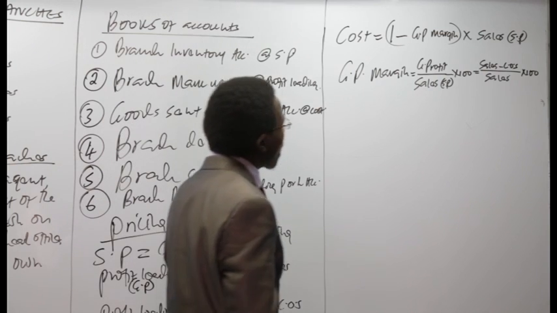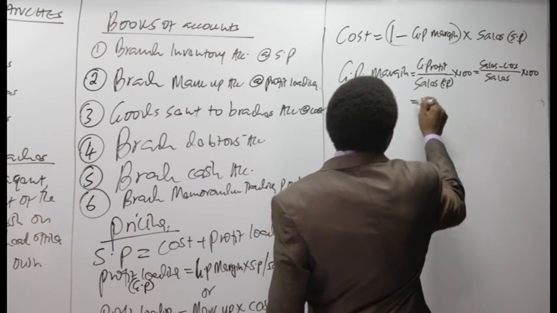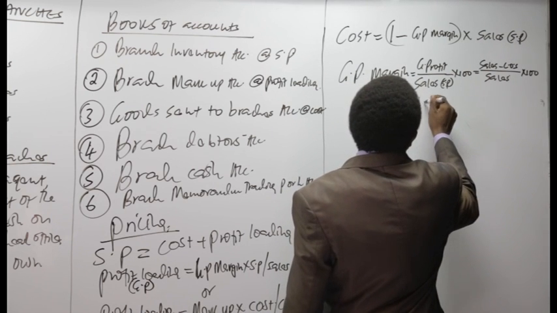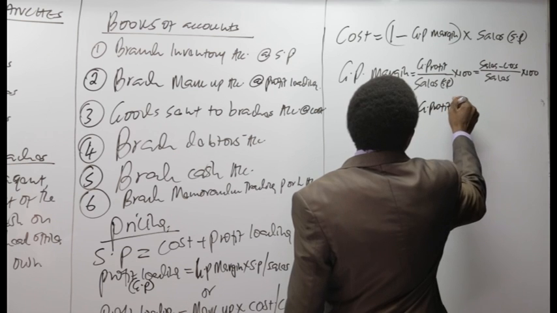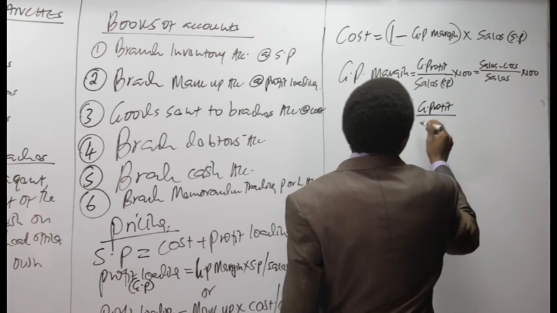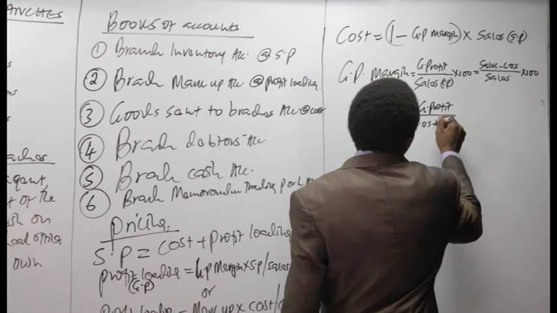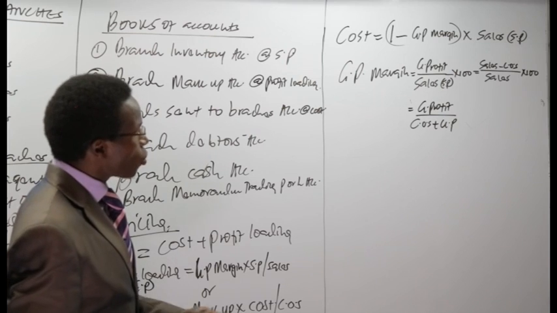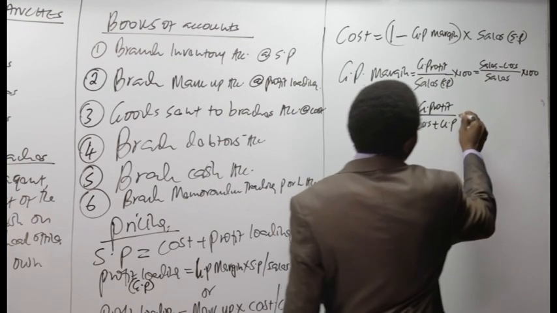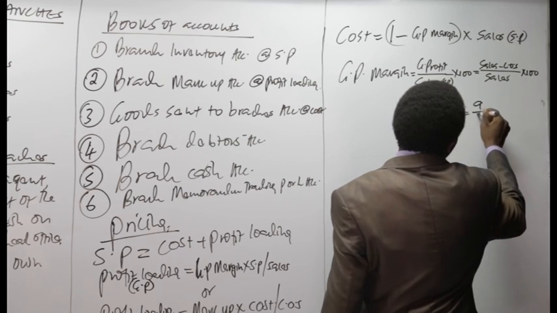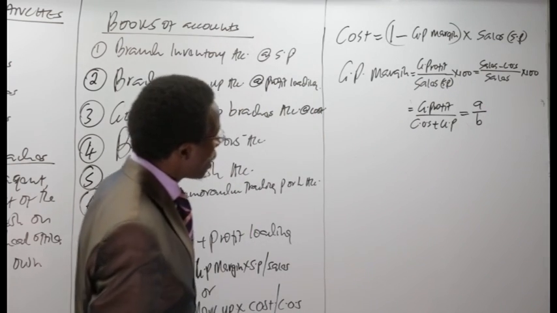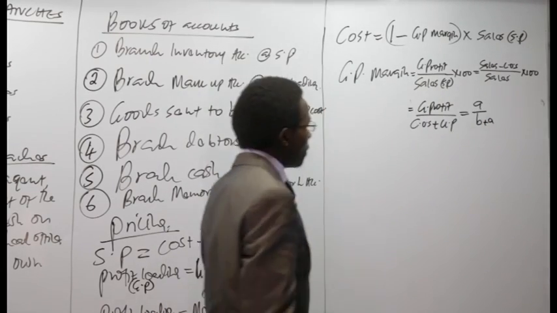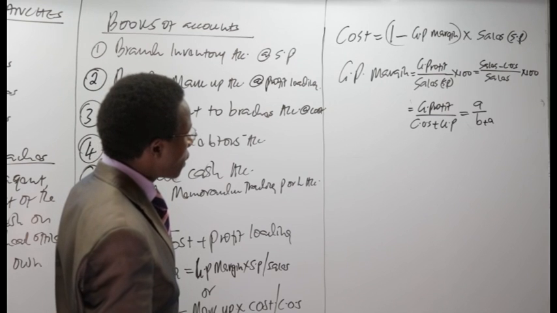This means we can go further and say that our gross profit margin is equal to the gross profit over cost of sales plus gross profit. Cost of sales plus gross profit gives you sales. In other words, it is A over B plus A. That's important.